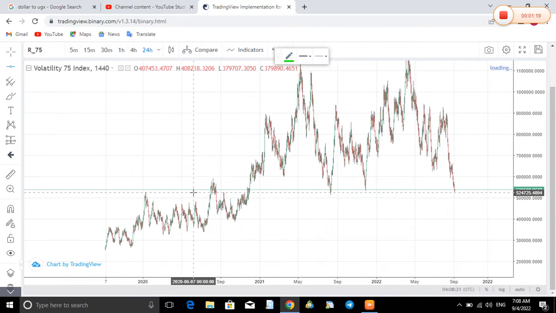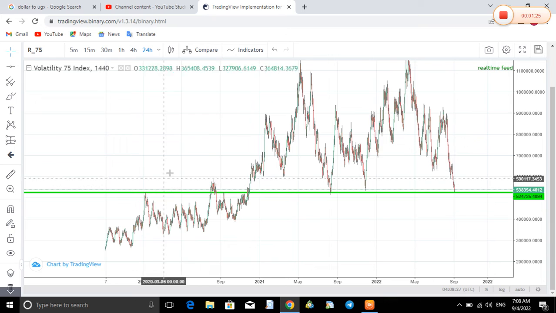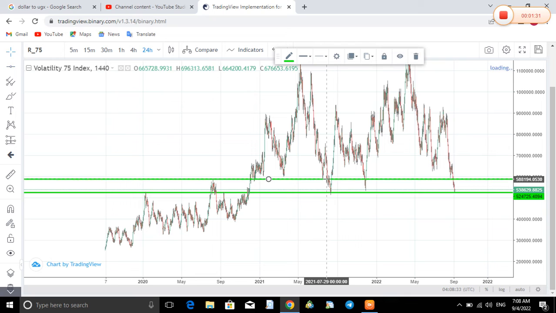Now I start by indicating my major market key levels, where the price is playing around so many times. So those are our major market key levels.